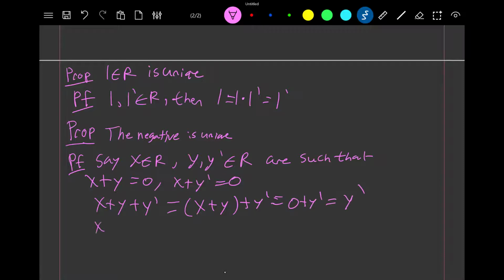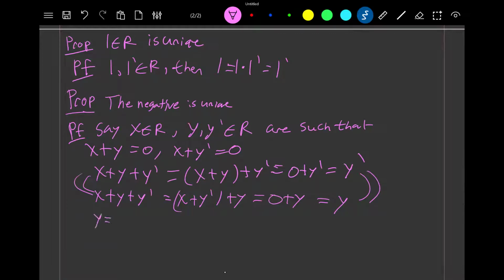But we could also change the order, and this is the same as y plus x plus y prime. This uses associativity and commutativity. And now x plus y prime, we know that's 0, so this is y. But these two things are equal, so we have that y is equal to y prime.